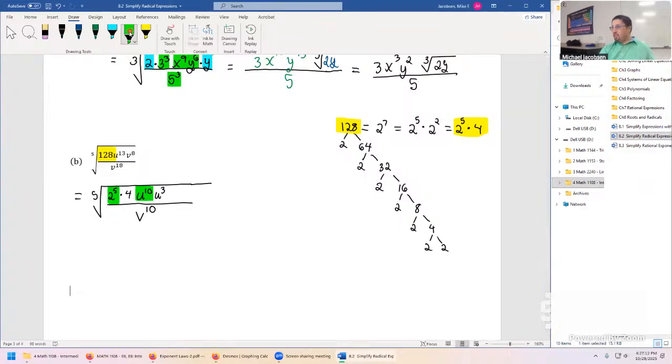And that's way easier to deal with now that we simplified it, so it seems like this problem is just designed to work in that easier way. The index of 5 will divide into this 10, and into that 5. What's left behind is just the 4 and u cubed. So this is how essentially each one of these problems goes. Any questions at the moment before we simplify this down?